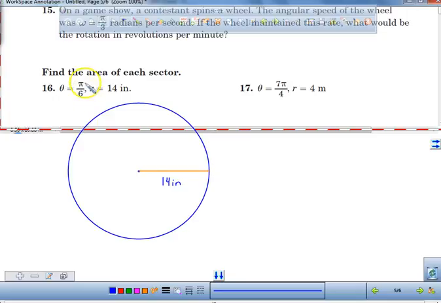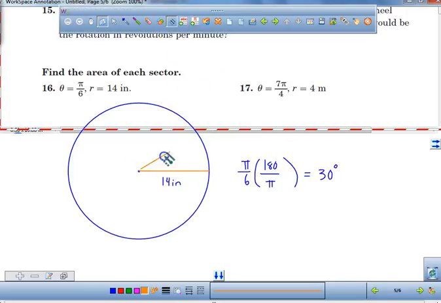Theta is equal to pi over 6. If we wanted to convert pi over 6 to degrees, we multiply by 180 over pi. The pi's cancel out, and that becomes 30 degrees. So let's make a 30-degree angle to the best of our ability.